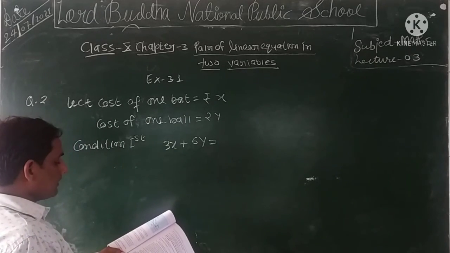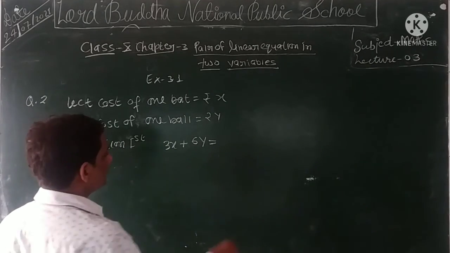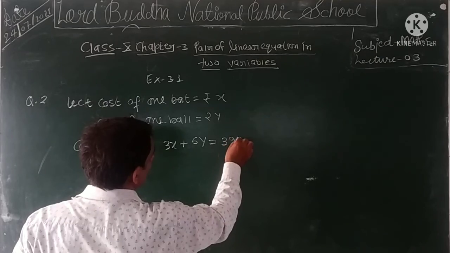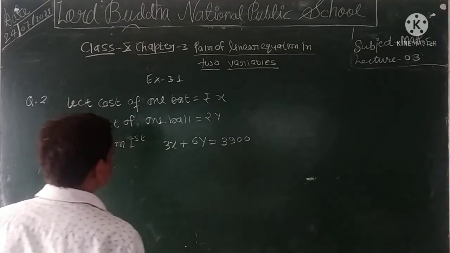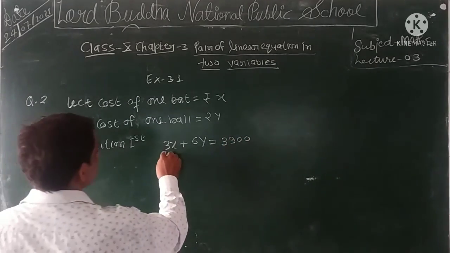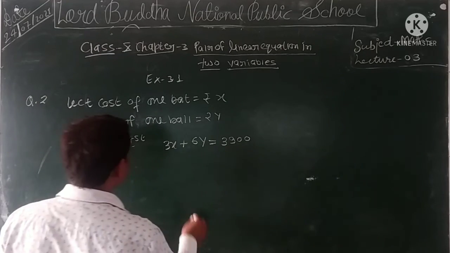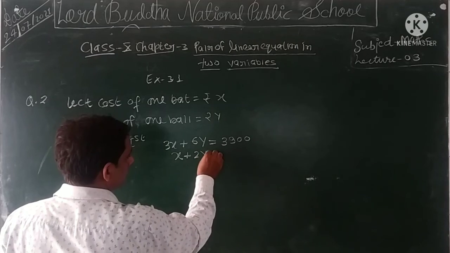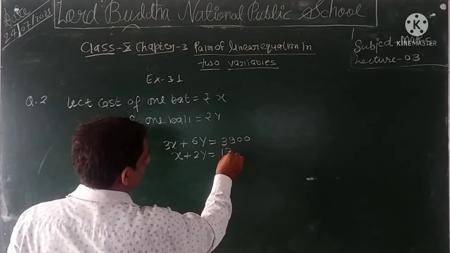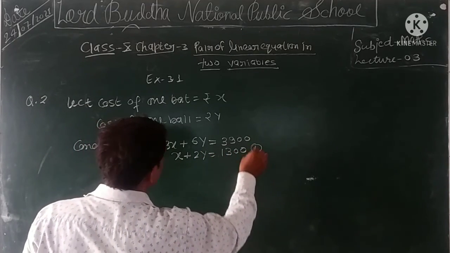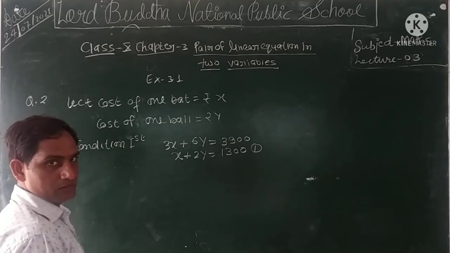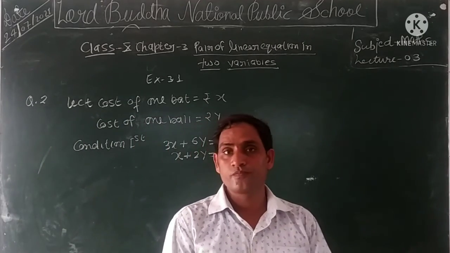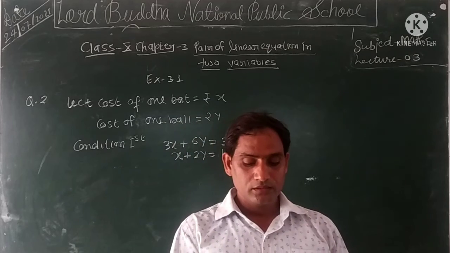The total cost of 3 bats and 6 balls is 3,900. Now, 3 is common in all the terms, hence we divide by 3: x plus 2y equals 1,300. This is the first equation, according to the first condition.